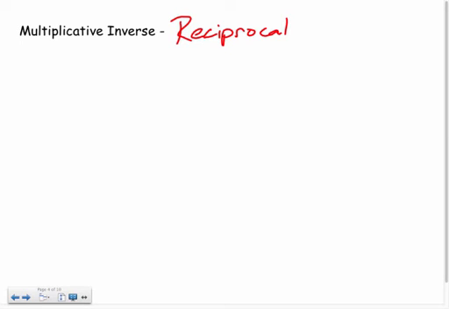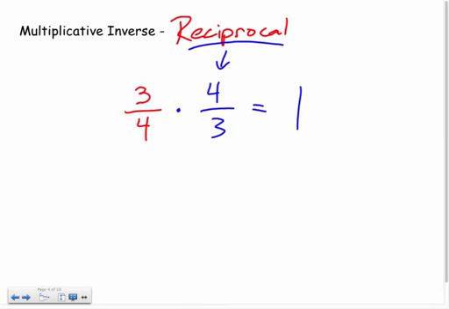So let's think about this. Let's say I have the number 3/4. Well, what is its reciprocal? Remember talking about reciprocals a few grades ago? Well, the reciprocal is when you flip a fraction, right? So the reciprocal would be 4/3. What happens when I multiply by its reciprocal? I end up with 1, don't I?